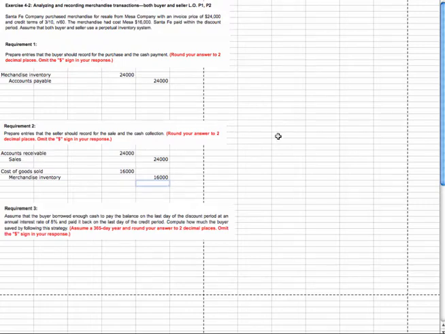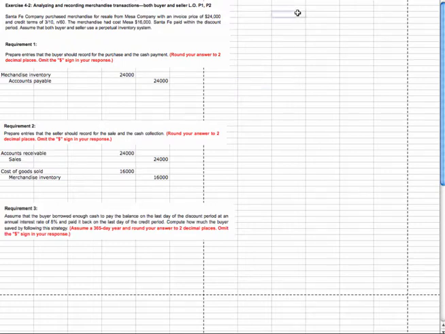Now, what about at the time of the payment? Now, it says here that Santa Fe paid within the discount period. In other words, this accounts payable that Santa Fe pays, they didn't have to pay the entire amount because they paid within the 10-day, the 3% discount, 3% if we pay within the 10 days. So what we need to figure out is first, how much cash did they pay?